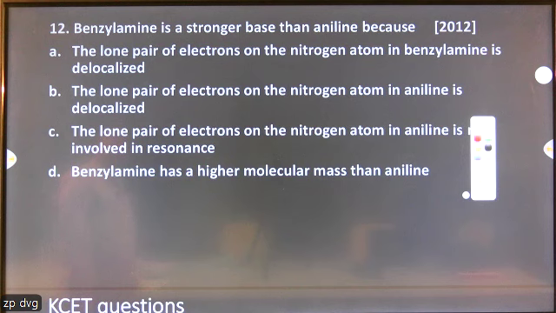B, the lone pair of electrons on the nitrogen atom in aniline is delocalized. C, the lone pair of electrons on the nitrogen atom in aniline is involved in resonance. D, benzylamine has a higher molecular mass than aniline.